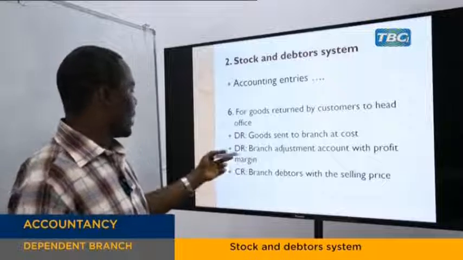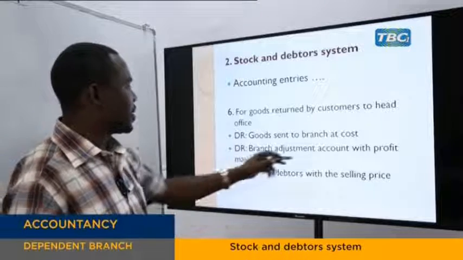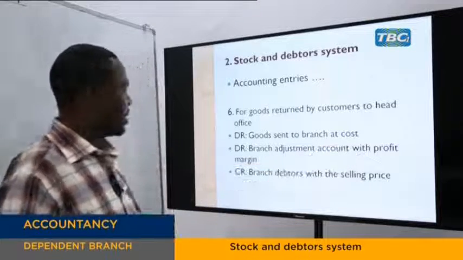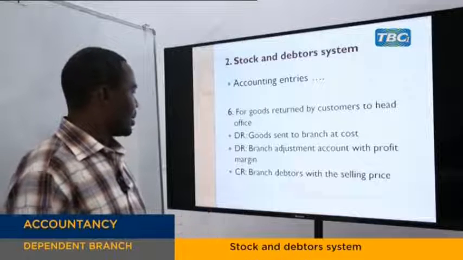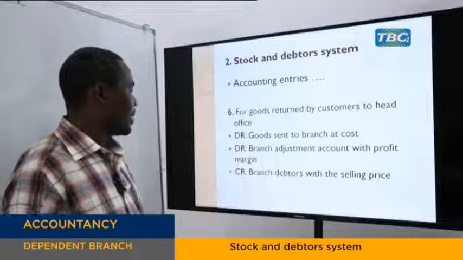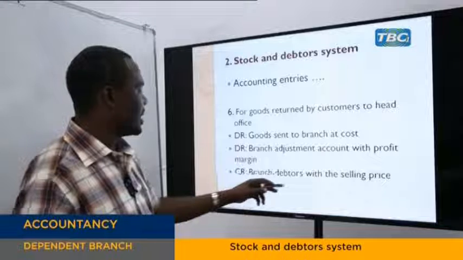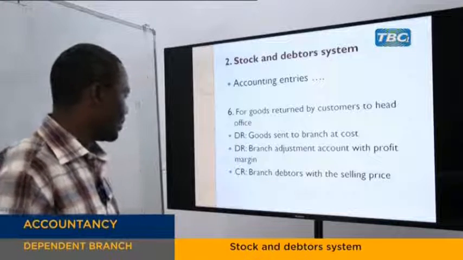But again, we are going to adjust this entry to the branch adjustment with the profit loaded, and this transaction automatically will be credited to the branch debtor at selling price.